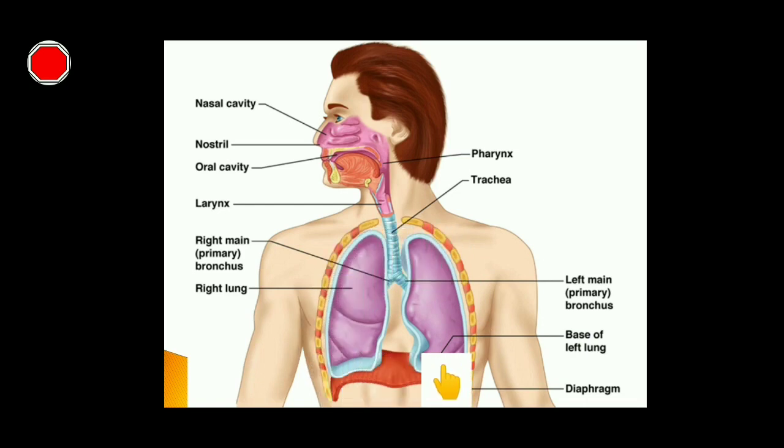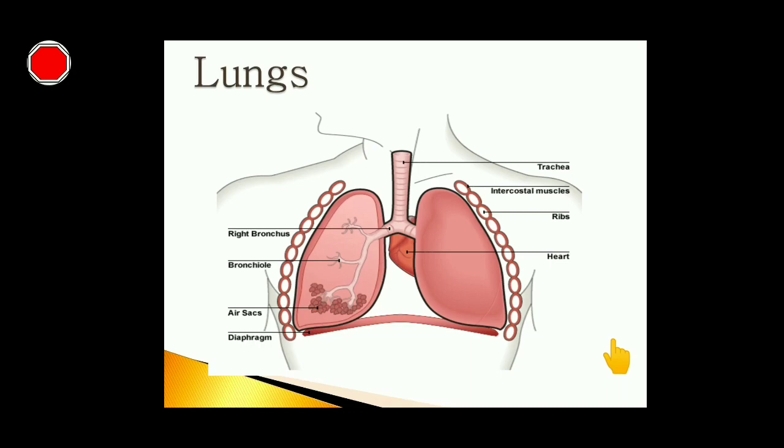Before proceeding, I would like to tell you that the entire respiratory system is located in our body's upper part, and this part is known as the thoracic cavity. So the respiratory system is located in the thoracic cavity, and as lungs have alveoli, these alveoli are actually the respiratory unit.